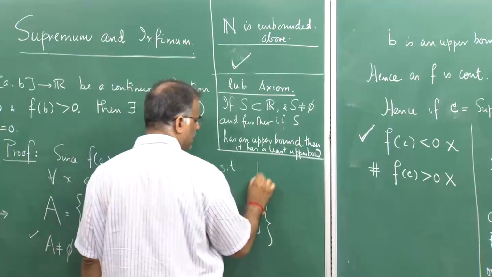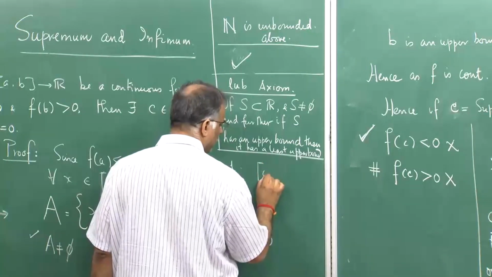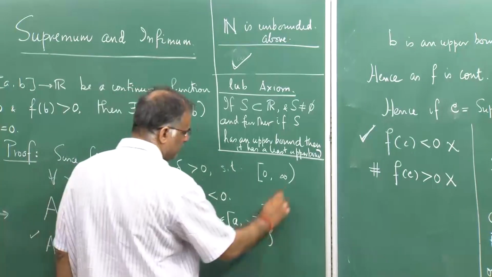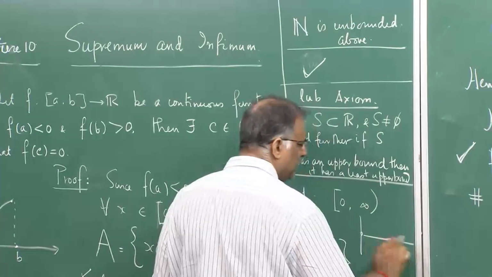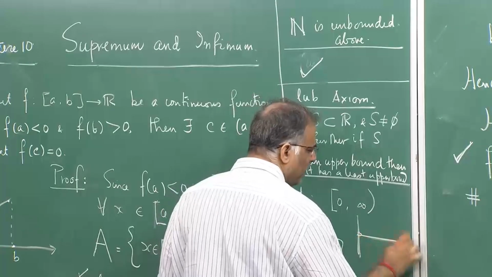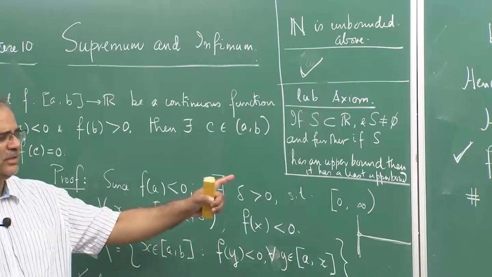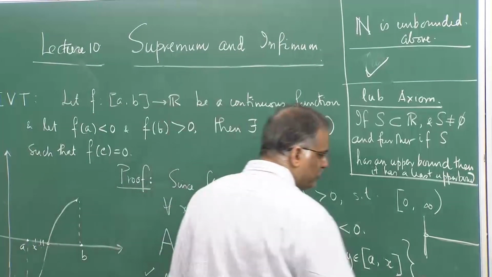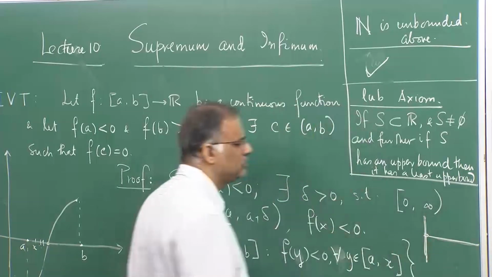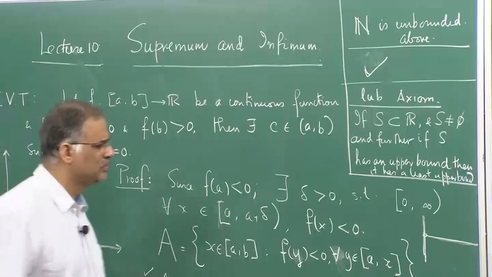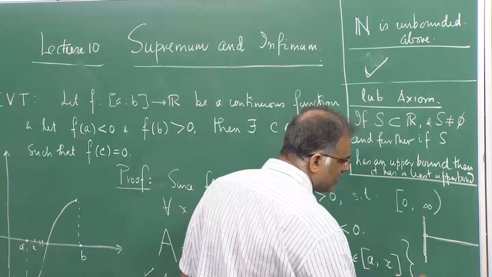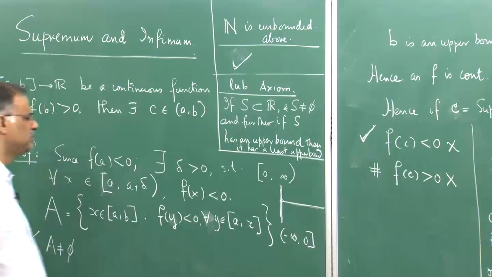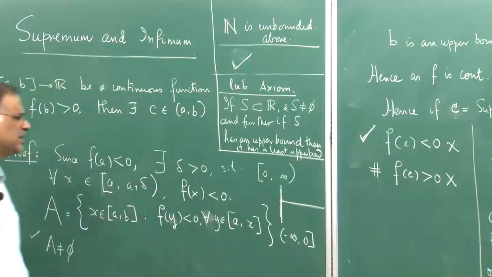See, the idea is that if you have a set like 0 to plus infinity, a one-sided set, these are non-empty sets, but this does not have an upper bound. So, there is no question of a finite real number which can act as an LUB. Similarly, if you take a set like minus infinity to 0, then it does not have an infimum, because there is no lower bound here, you can go as low as possible.